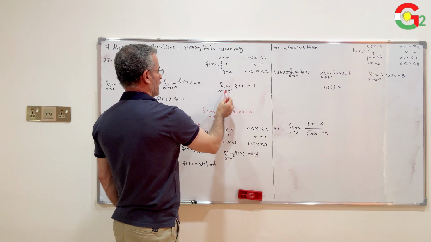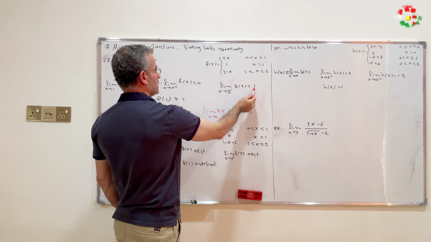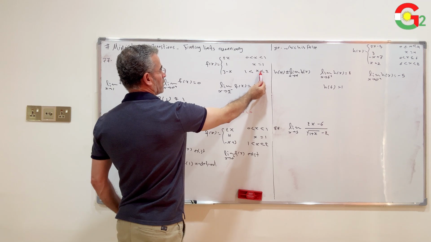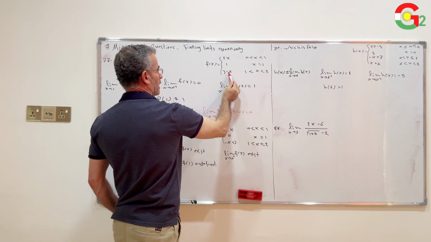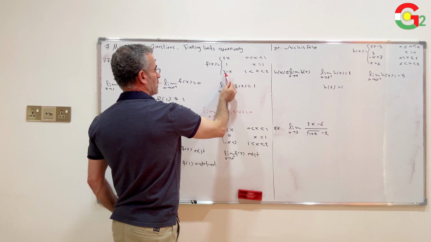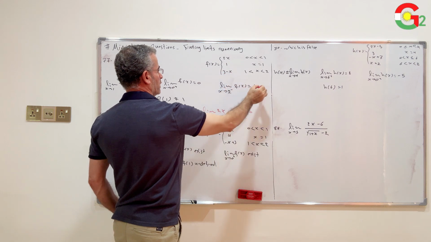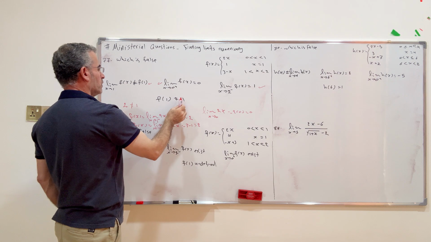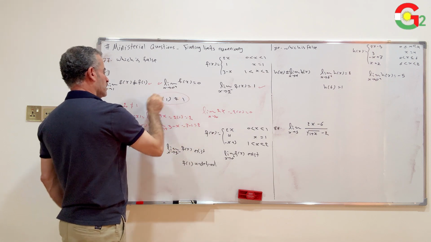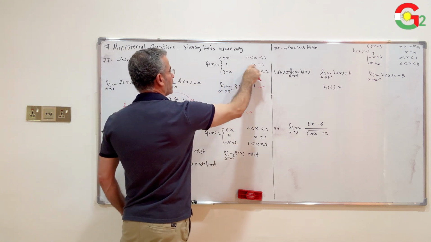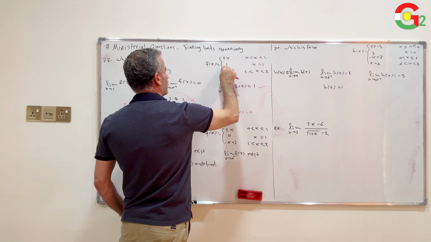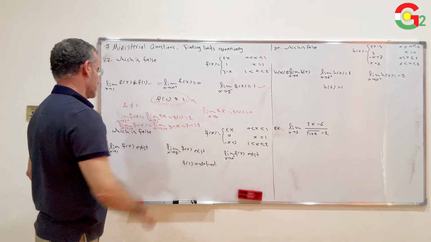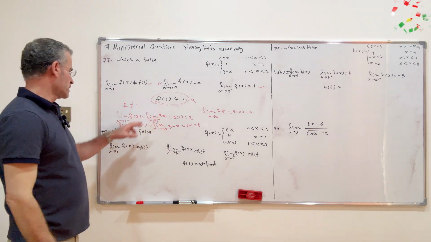The limit of f of x when x approaches 2 from left is 1. 2 from left appears in the segment where x is less than 2, so I substitute here: 3 minus 2 is 1. It is also true. F of 1 not equal to 1. It is wrong. F of 1 is 1, when x equals 1, f of x is 1. It is true. So this statement is false. The right choice is D.